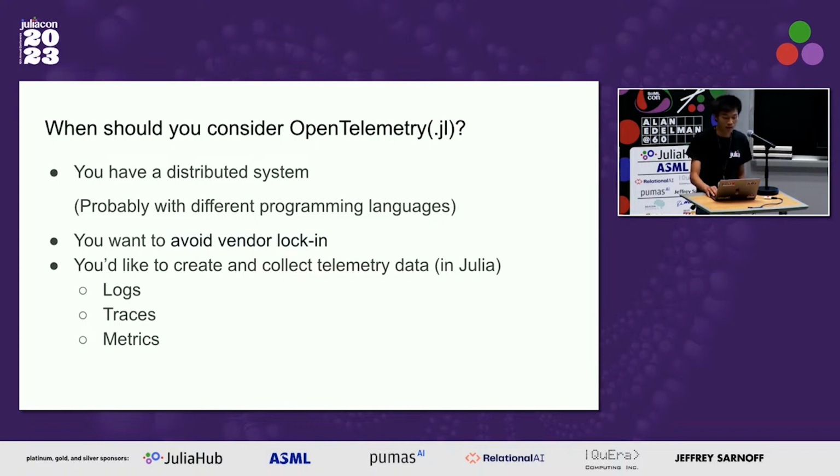Third, obviously, you would like to collect the data in Julia and across logs, traces, and metrics. If you only need to collect logs, the best choice would be to just go with LoggingExtras.jl or something like this. But if you would like to collect the three different kinds of signals, then OpenTelemetry.jl is a better choice.